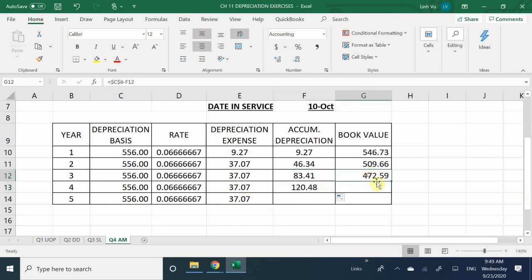And book value is going to be 435.52. And lastly, for my fifth year, what is my accumulated depreciation? 157.55. And my book value for year 5 is 398.45.